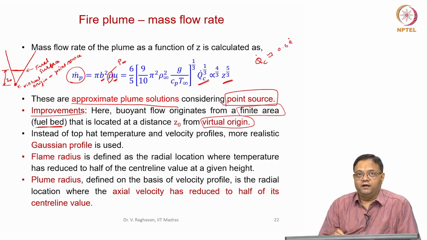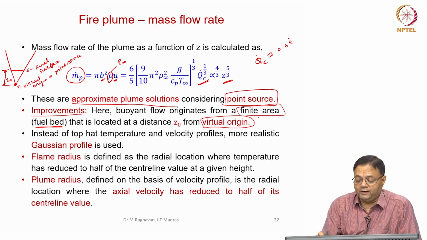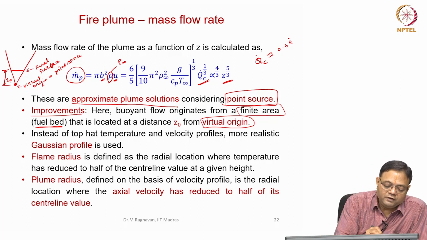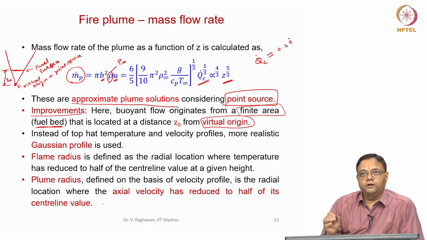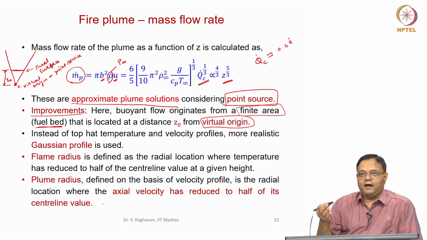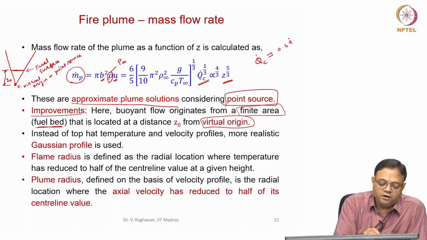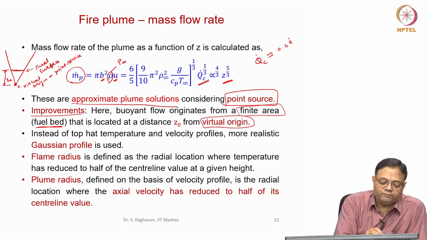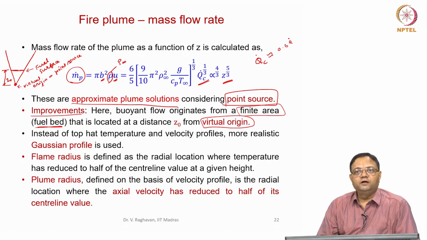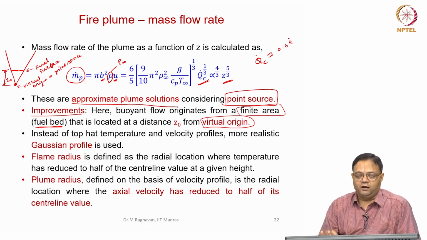So, what I say is the fuel bed, which has a finite area, is located at a height of Z0 from the virtual origin. So that is the first point. The point source approximation can be rectified by considering a virtual origin, which is at a distance of Z0 from the actual fuel surface that has a finite area.